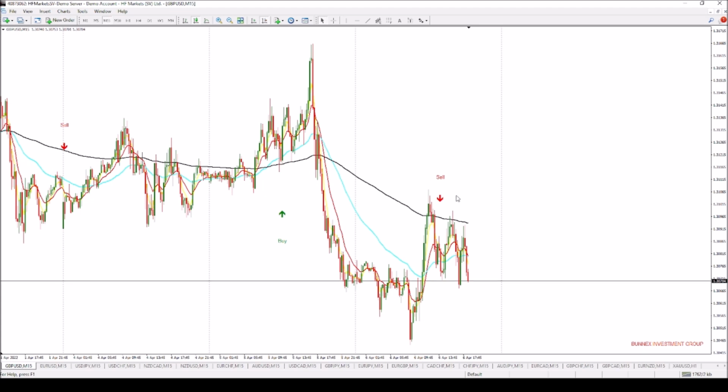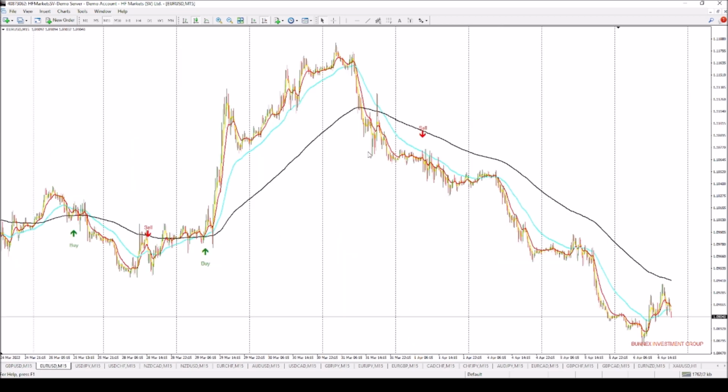In this case, I received a sell signal on GBP USD. I checked to see if it's valid by seeing this 50 200 EMA crossover on the previous day. Then if you go on another pair, we can see this signal was issued on the 1st of April, and to check its validation, we need to see a 50 200 EMA crossover on the previous day, which is this one.